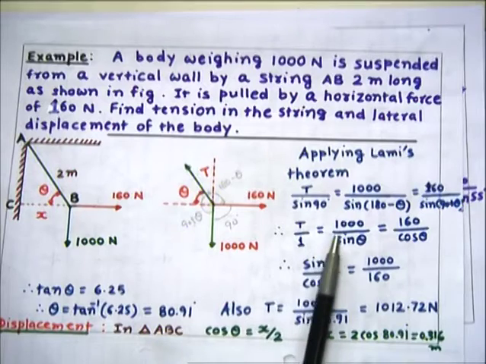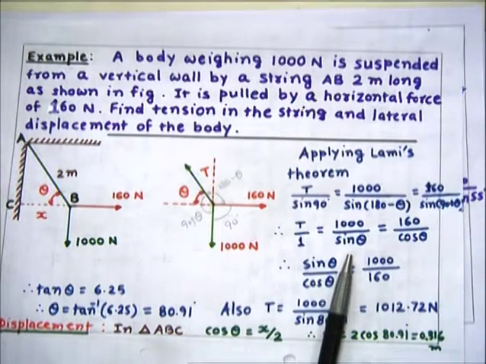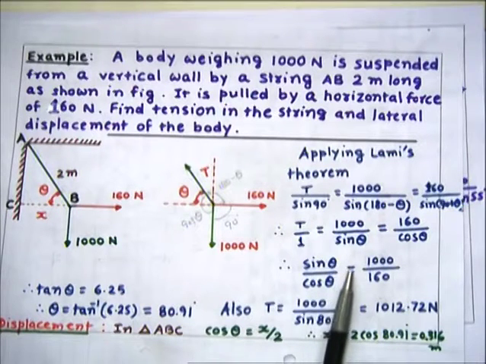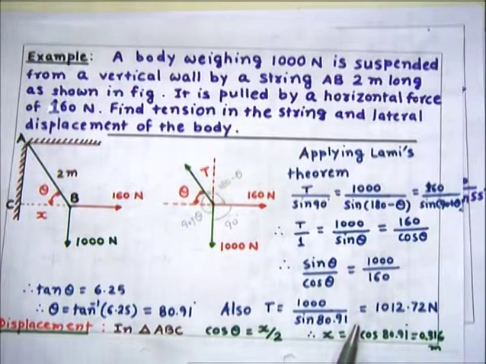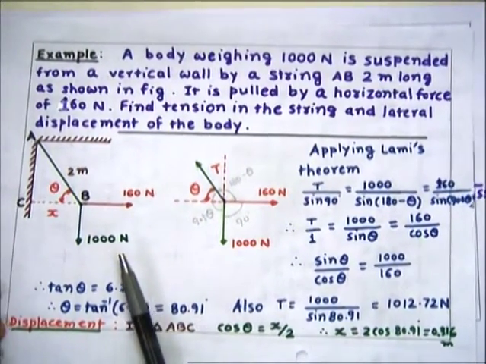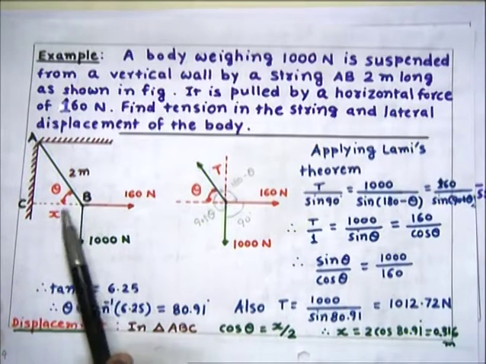So T is equal to 1000 divided by sine theta, which is sine 80.91. So 1000 divided by sine 80.91 will give you T equal to 1012.72 Newton.